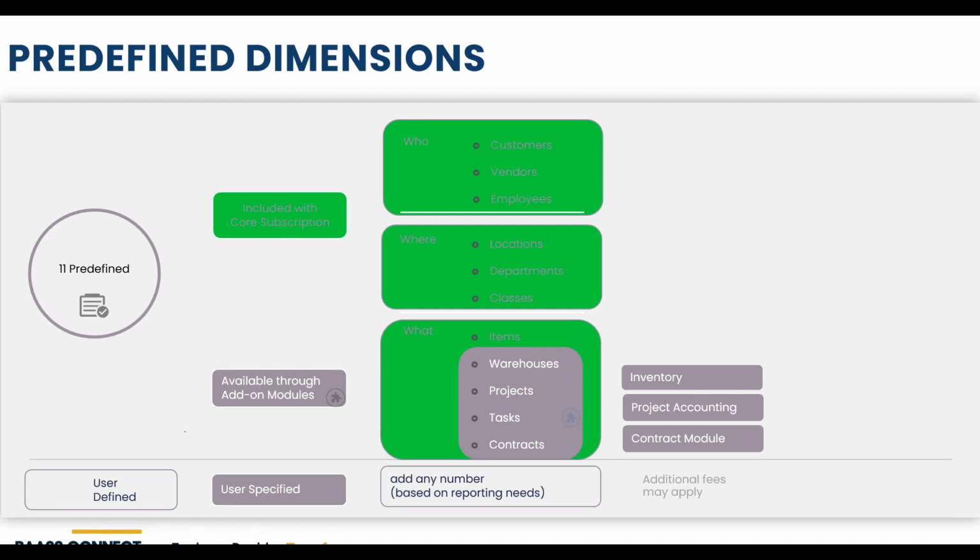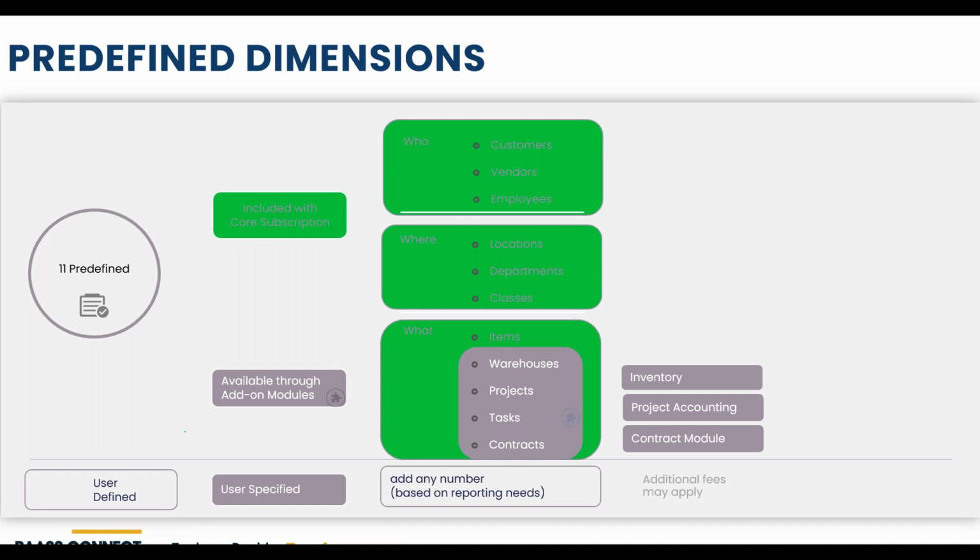Sage Intacct is pre-configured with 8 dimensions, and it basically goes on the premise of who, where, what. The who's are the customer dimension, vendor dimension, and employee dimension.